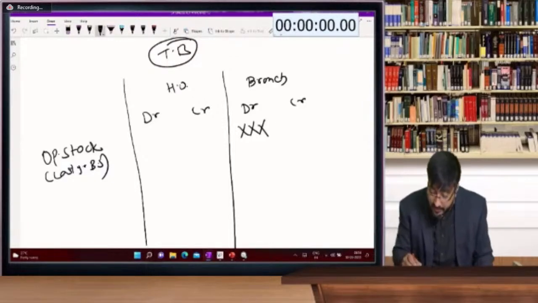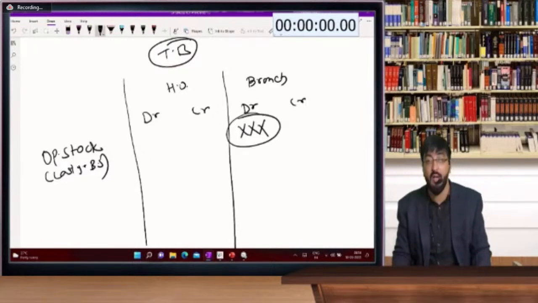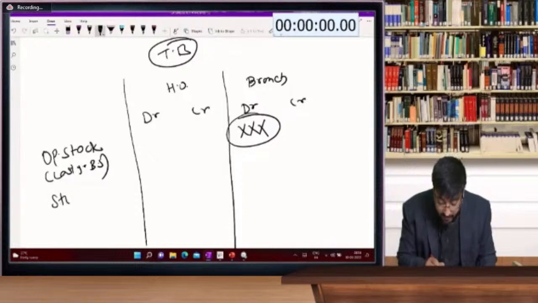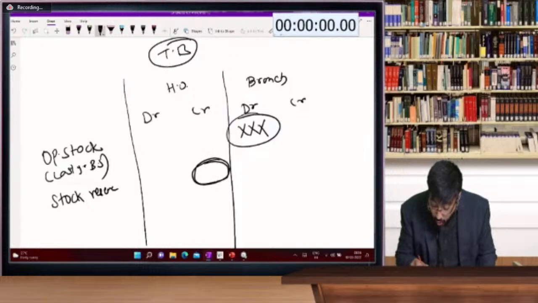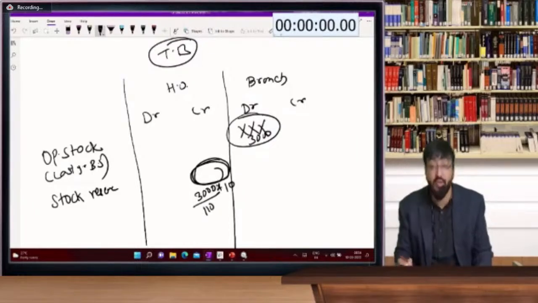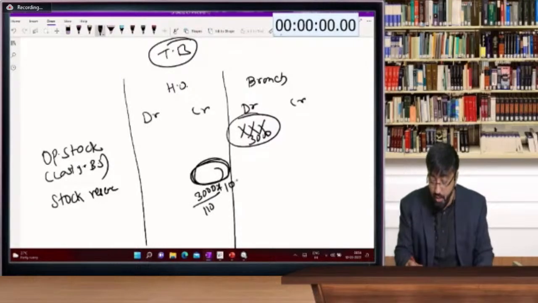Now this loading, branch stock ka loading, will get cancelled by this stock reserve. And who will maintain this stock reserve? HO will maintain. Suppose, whatever the amount, assume this is 3000, HO will write 3000 divided by 110 into 10, because the HO loading is 10 and invoice price is 110.